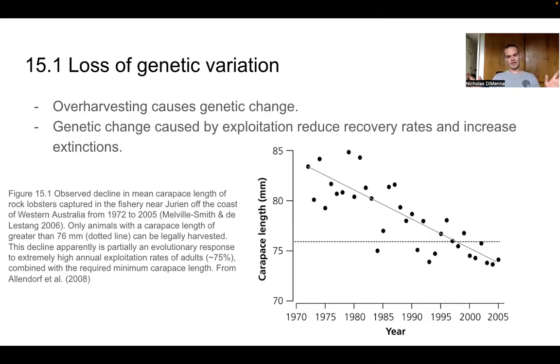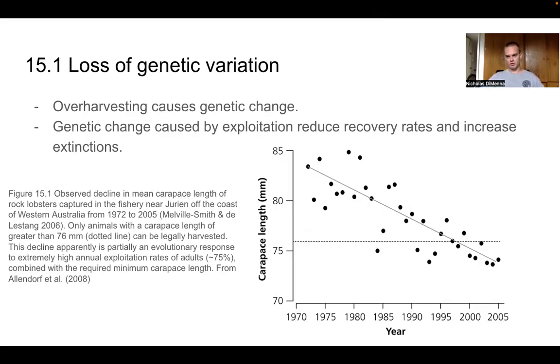So before we get into this, we have to talk about what we're referring to when we say overharvesting. It's essentially hunting, fishing, killing of individuals in a population for the purpose of eating them, or, as we'll see in an example here, using their pelts, to such a serious degree that we are changing the genetics in their population.